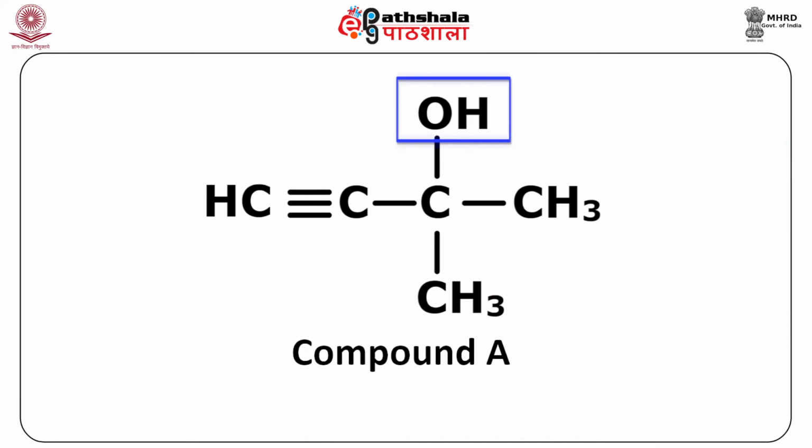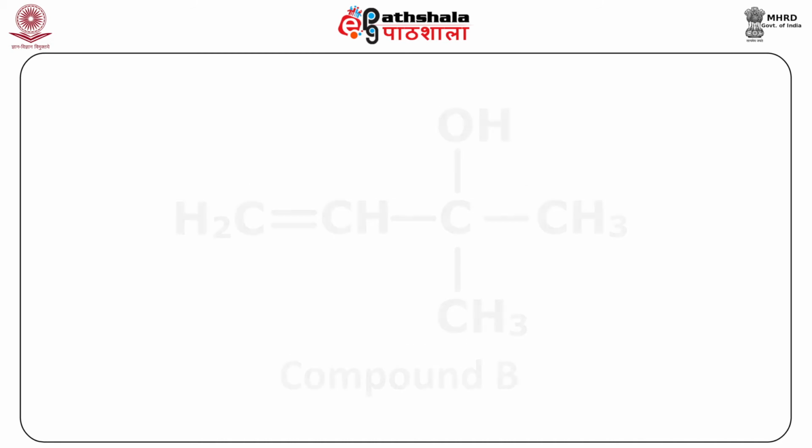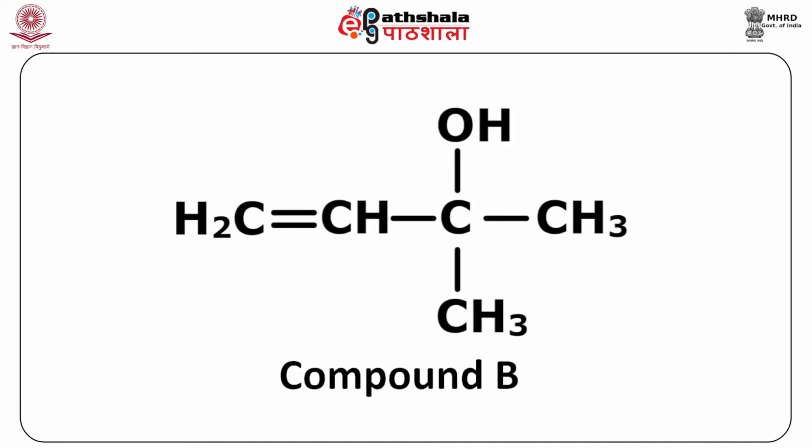The peak at 3.2 ppm, a singlet for 1 hydrogen that disappears on shaking with deuterium oxide, indicates the presence of the hydroxyl group. Hence, we assume that the structure of the given compound should be CH triple bond C, C(OH) with 2 methyls. And for compound B, the double bond equivalence was found to be 1.